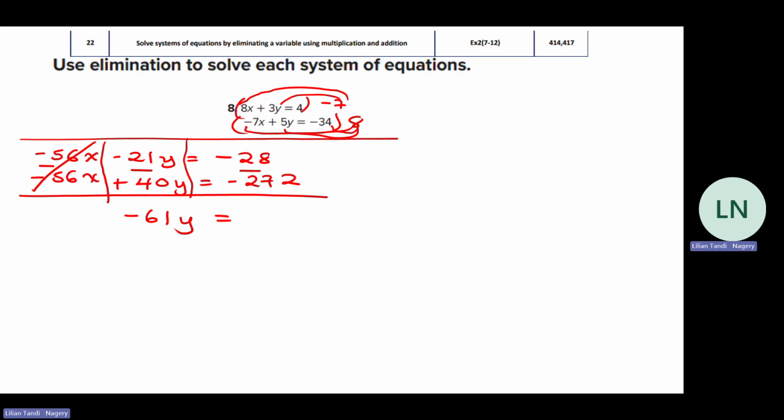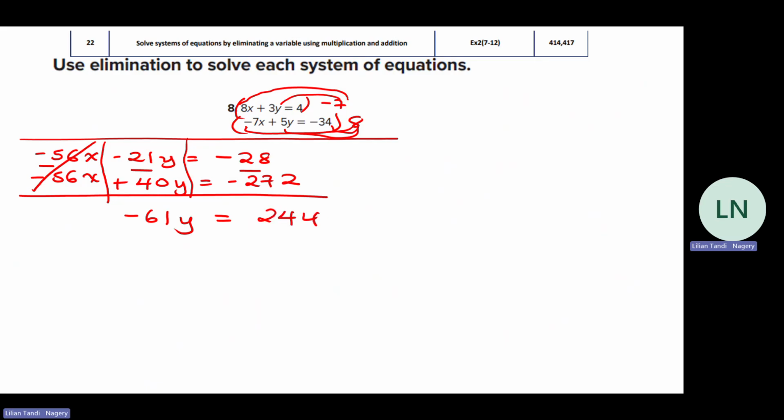Then I have negative 28 minus negative 272. Negative 28 plus 272. So that gives me 244, okay?